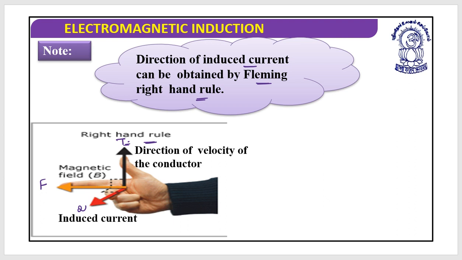If your thumb represents the direction of velocity of the conductor, the first finger represents the direction of the magnetic field, and the second finger represents the direction of induced current. So this is how motional EMF behaves. It exists due to the motion of a conductor. This is one of the approaches to study this.